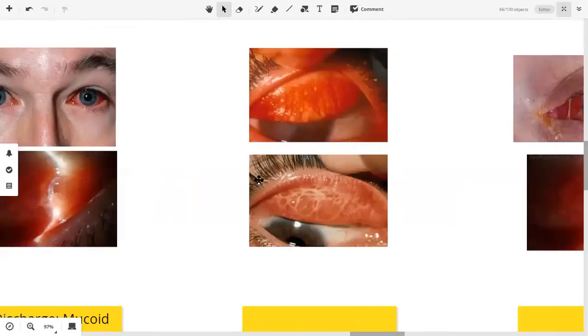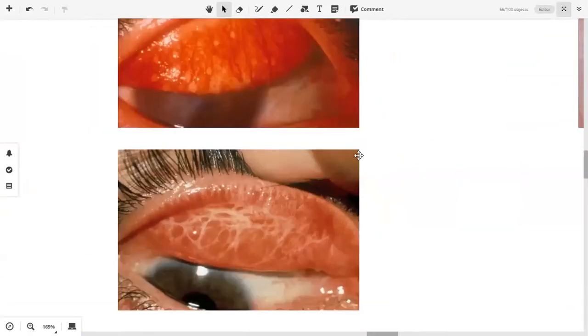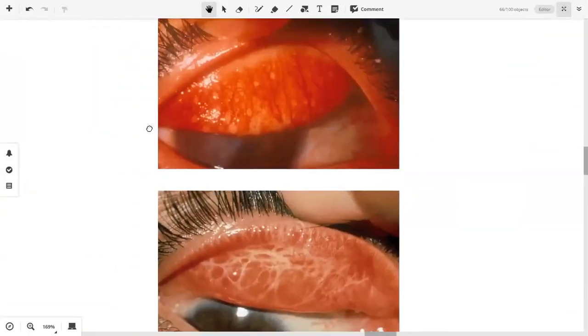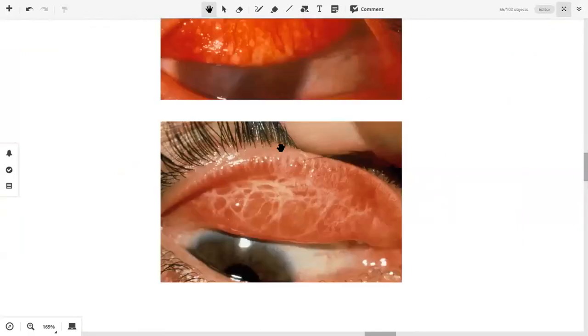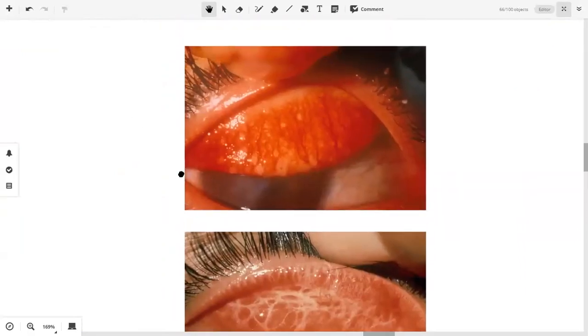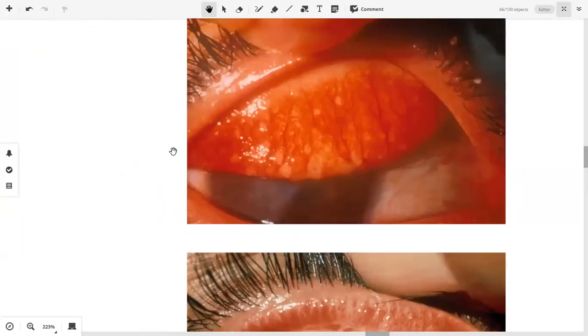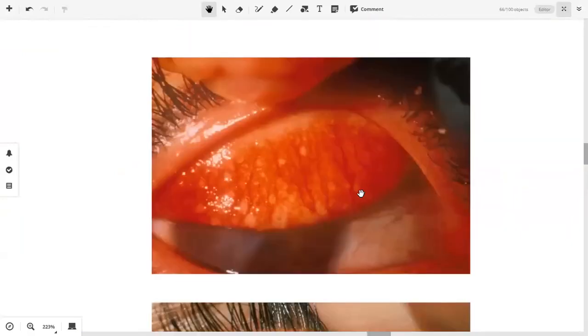Now moving on, in this second picture, which conjunctiva are we examining? Upper palpebral. It's the upper palpebral conjunctiva, right? And the same in this case. So in the first picture, what can we appreciate? There are conjunctival vessels, right?